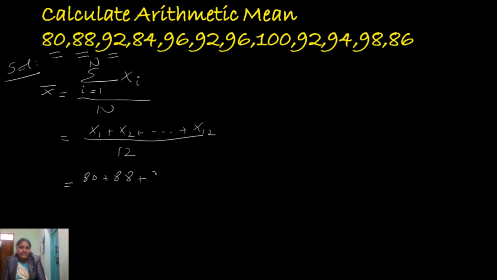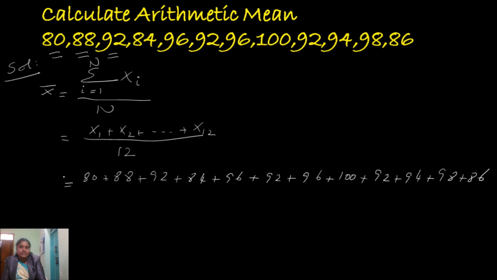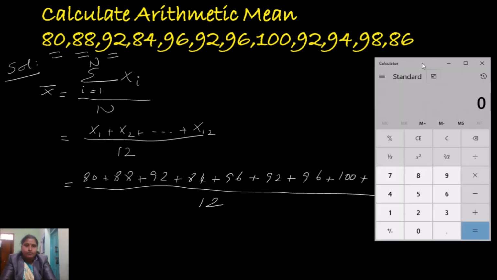80 plus 88 plus 92 plus 84 plus 96 plus 92 plus 96 plus 100 plus 92 plus 94 plus 98 plus 86, over 12. Now let's add all these values.